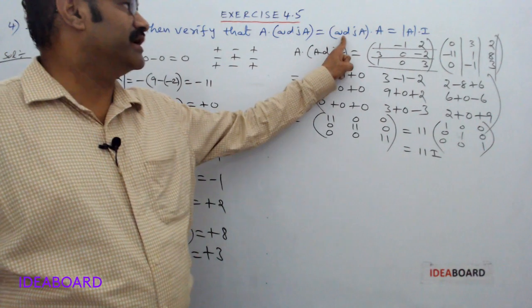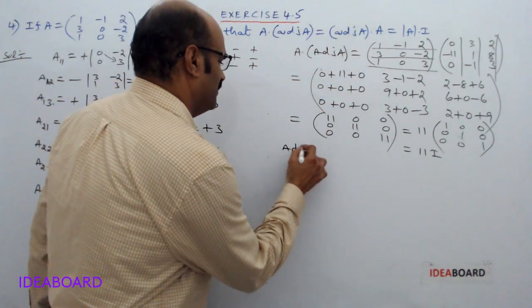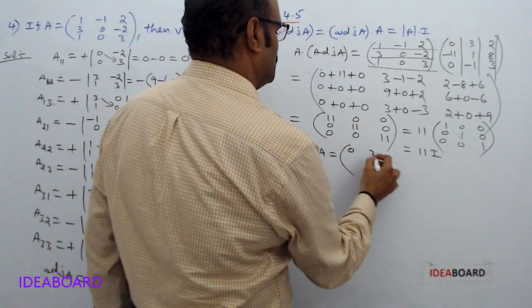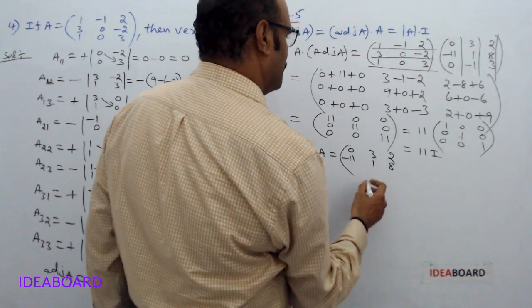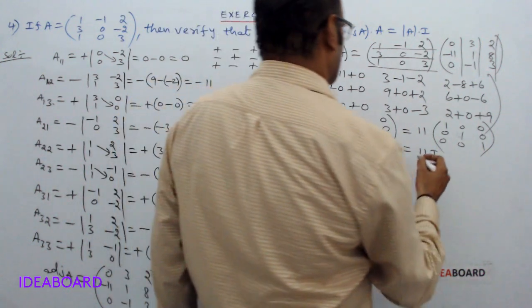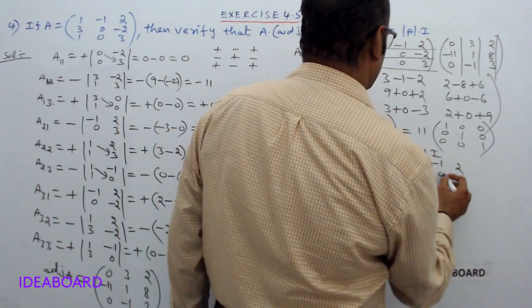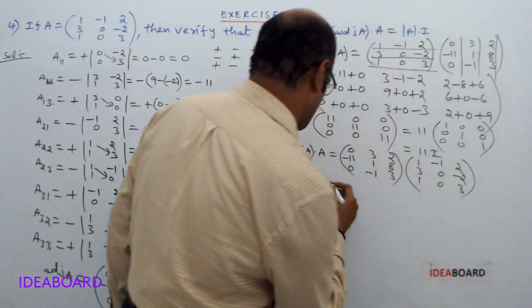Now we have to find adjoint of A into A. So adjoint of A into A equal to adjoint of A is 0, 3, 2, minus 11, 1, 8, 0, minus 1, 3, into A equal to 1, minus 1, 2, 3, 0, minus 2, 1, 0, 3.